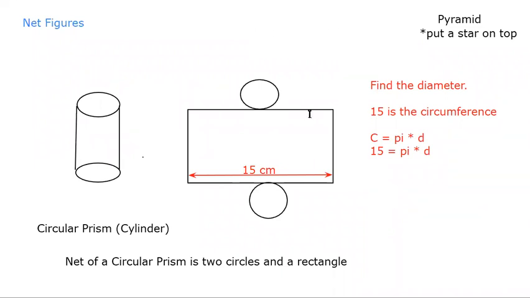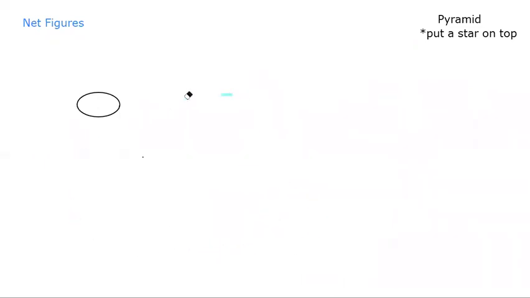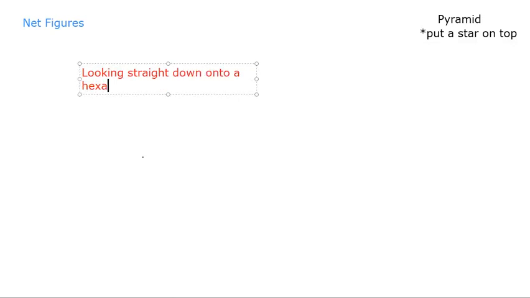Another thing you're going to be asked is this. Looking straight down onto a hexagonal prism, pyramid, what shape do you see?